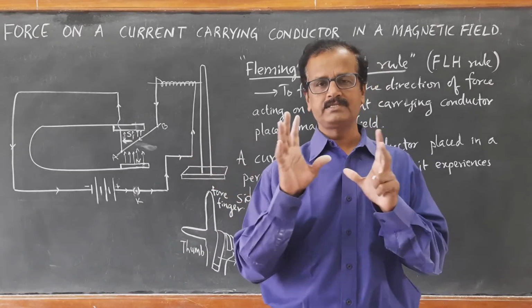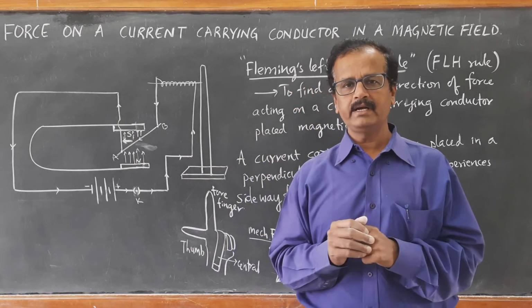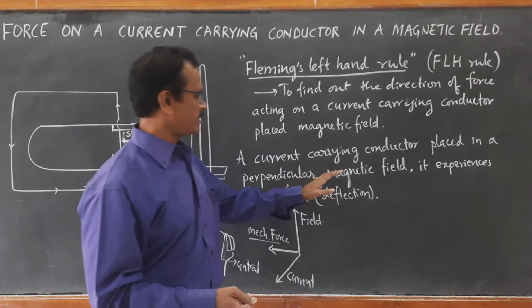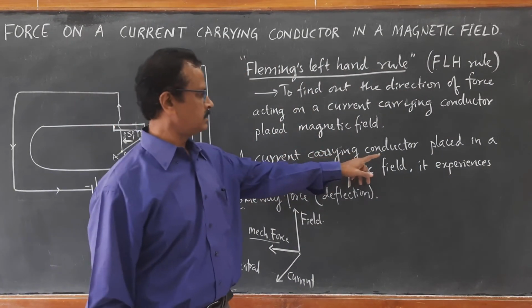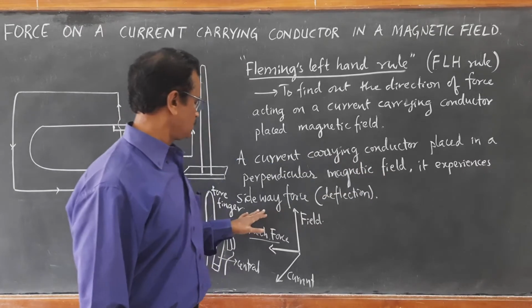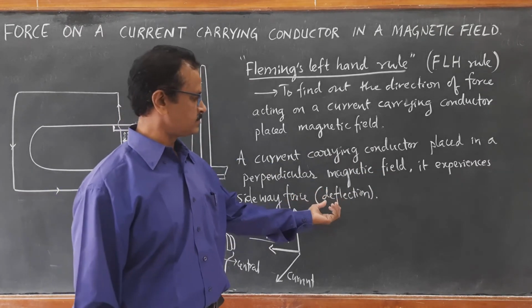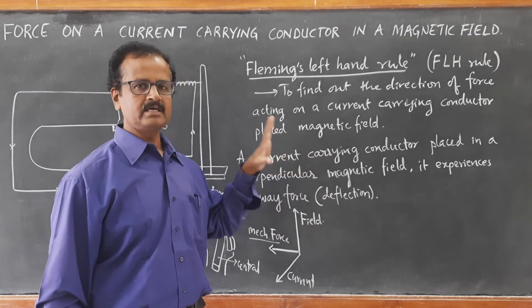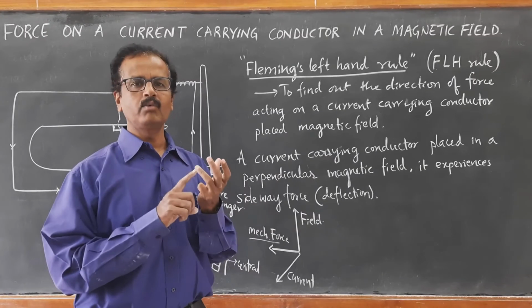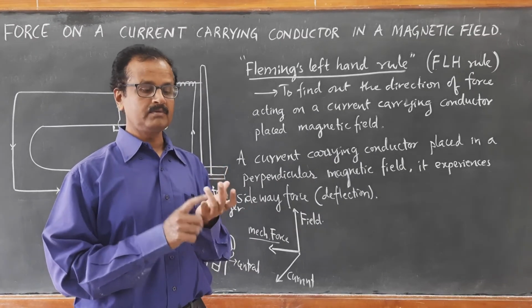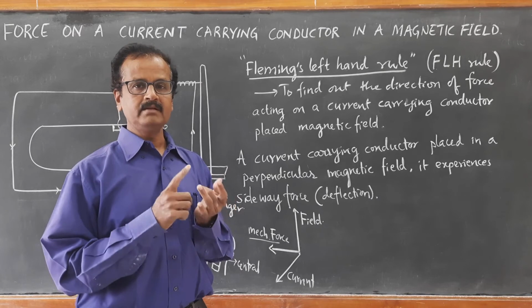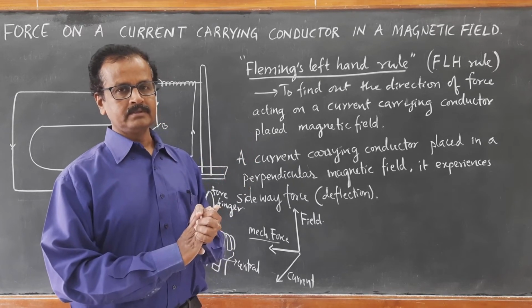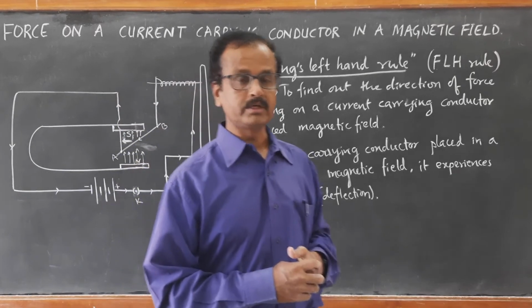Although it appears to be a very simple activity and principle, a current carrying conductor placed in a magnetic field experiences a sideway force. It experiences a force and gets deflected. So this concept has a lot of applications, like the principle of the motor, generator, loudspeaker and microphone. Okay. Now next we are going to learn about the motor.